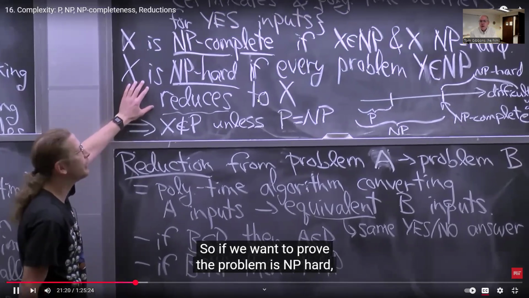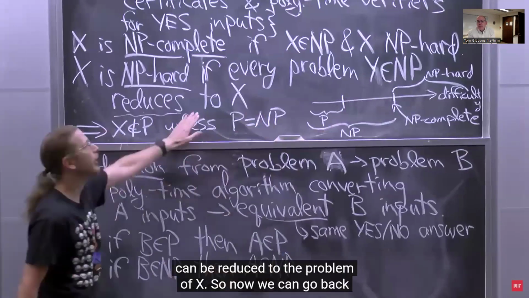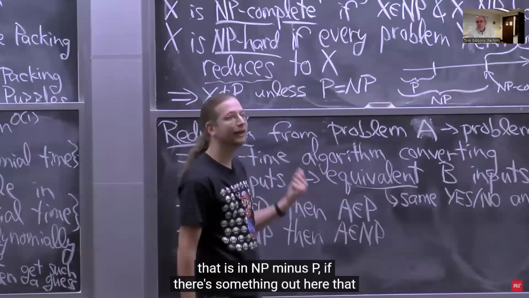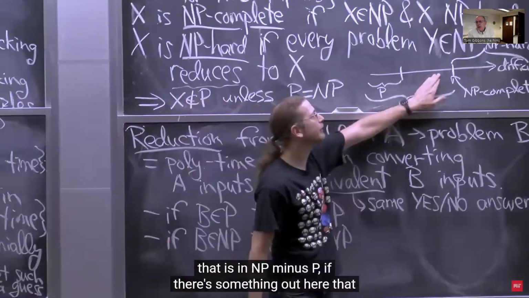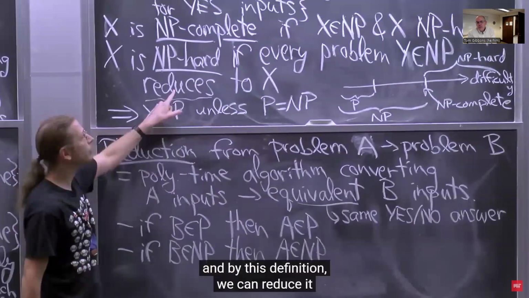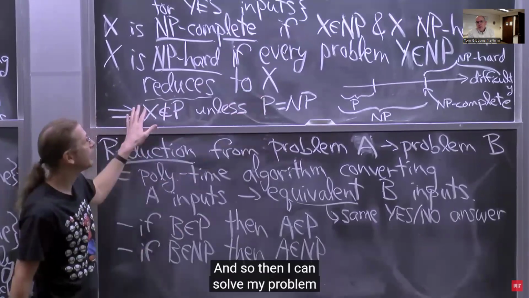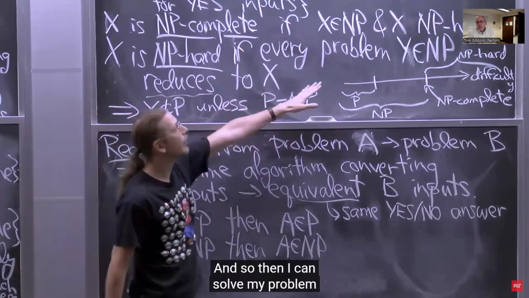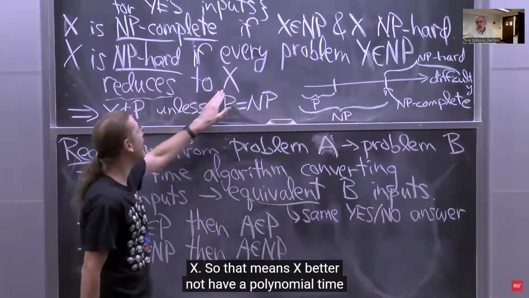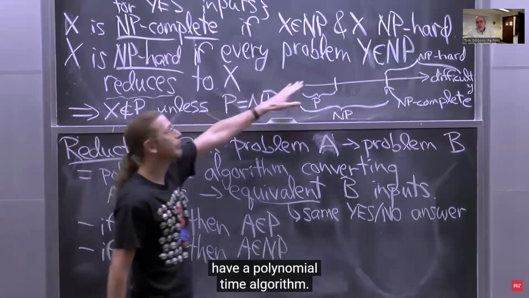Here, for the problem to be NP hard, what we do is show that every problem in NP can be reduced to problem X. So now we can go back and say, well, if we believe that there's some problem Y that is in NP minus P, there's something out here that is not in P, then we can take that problem Y, and by this definition, we can reduce it to X, because everything in NP reduces to X. And so then I can solve my problem Y, which is in NP minus P, by converting it to X and solving X. So that means X better not have a polynomial time algorithm, because if it did, Y would also have a polynomial time algorithm.